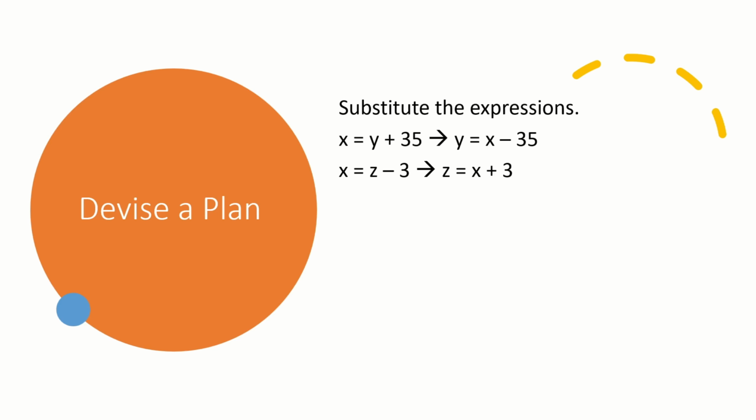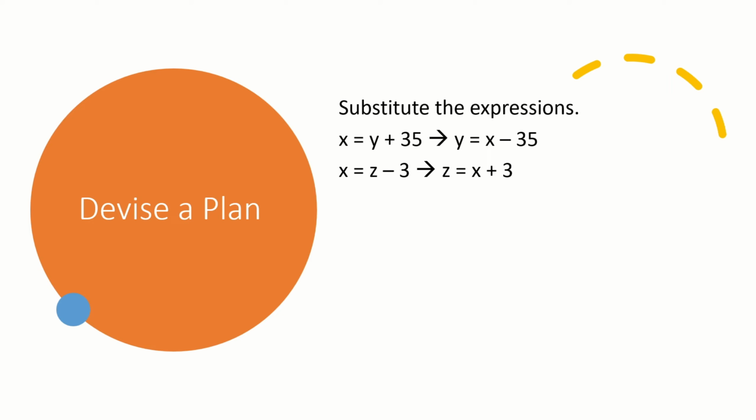Next is devise a plan. We want to write every variable in terms of Anne's age, which is x, so that our equation becomes easier to solve. So from our expressions, we have x equals y plus 35.